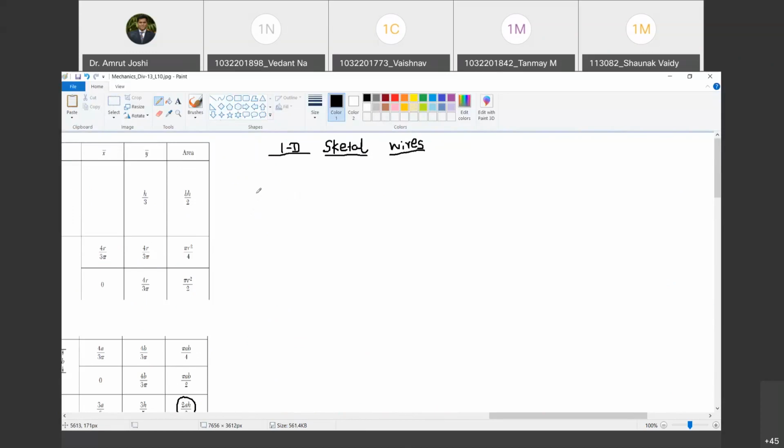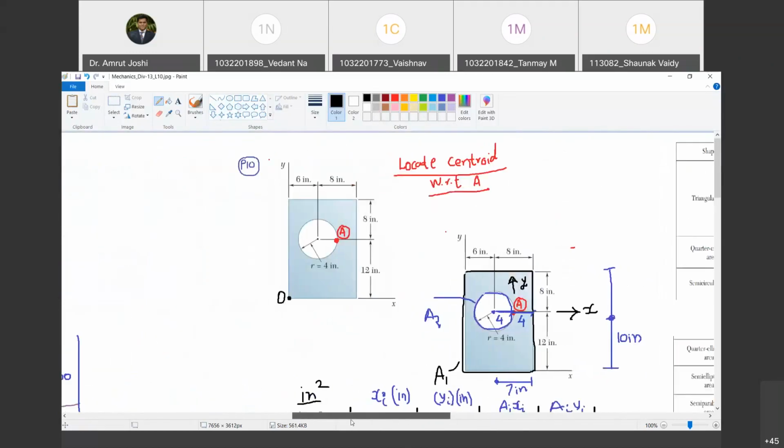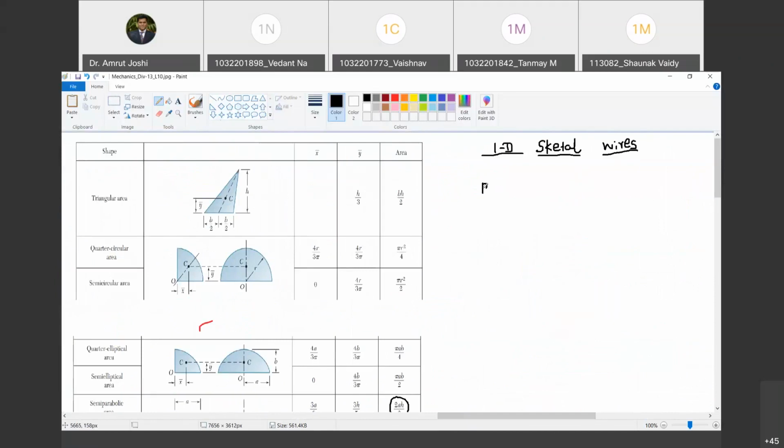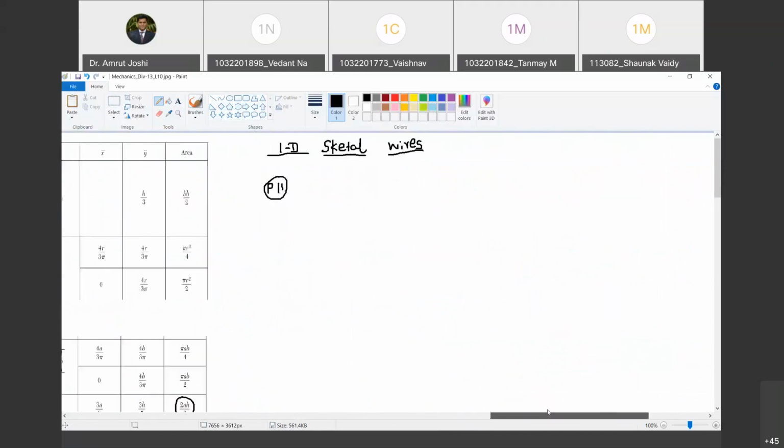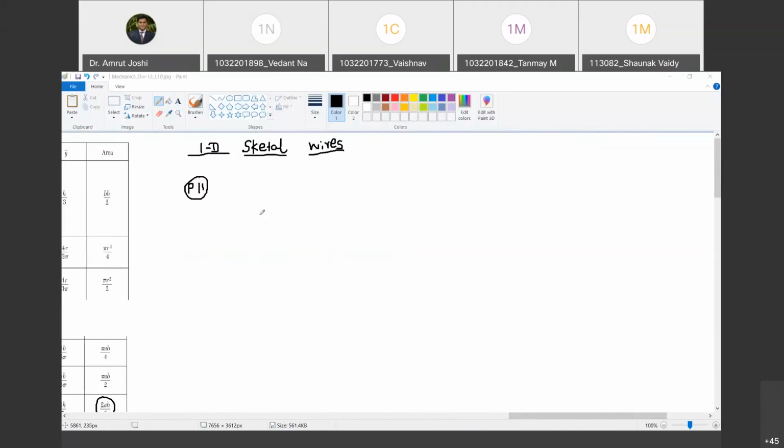So we are going to solve few problems based on this. I'm going to construct the problems. So let us call this as problem P11. Are you with me? Yes, sir. And in P11, let me consider a wire, random shape wire. This is the wire. Are you with me?